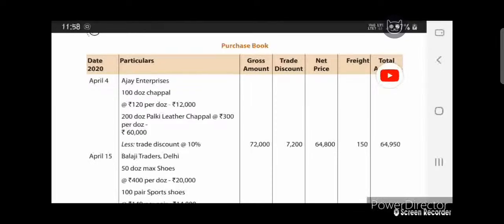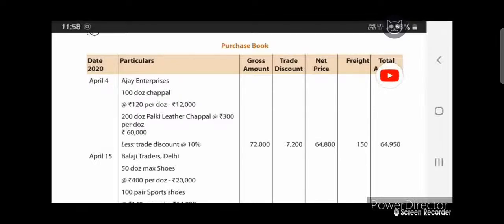Next is 200 dozen of bulky leather chappal at rupees 300 per dozen, that is 60,000. The total gross amount will be 72,000.